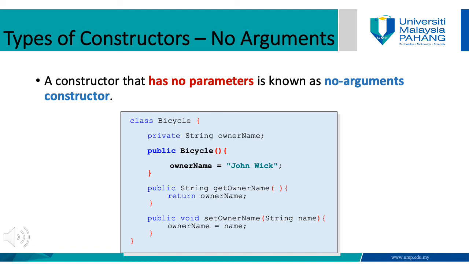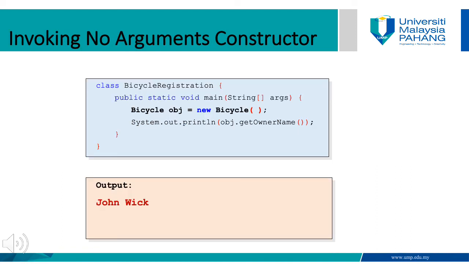That's the difference. So how does the compiler invoke the no argument constructor in our class? For example, here in the BicycleRegistration class, when the compiler runs this code, it will automatically print out the first name, which is System.out.println.